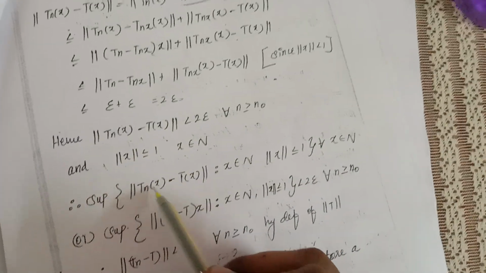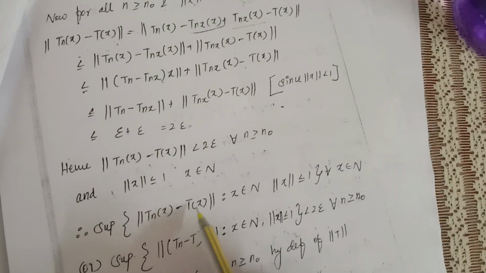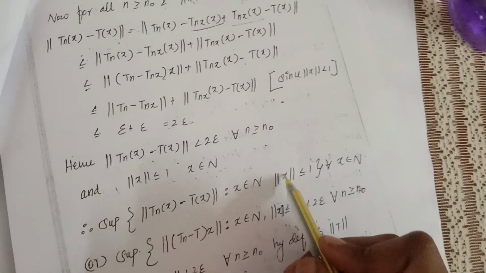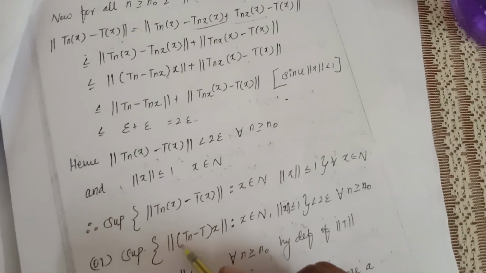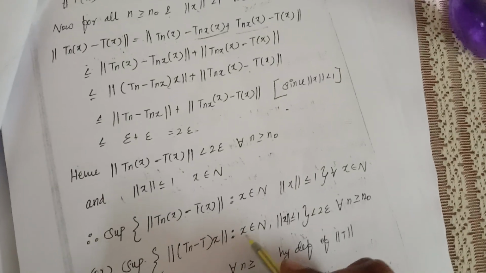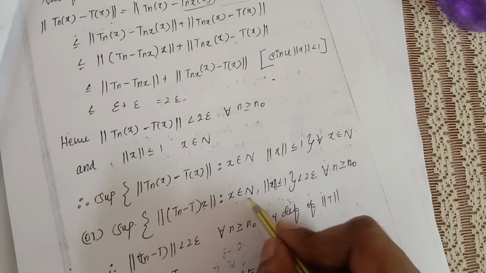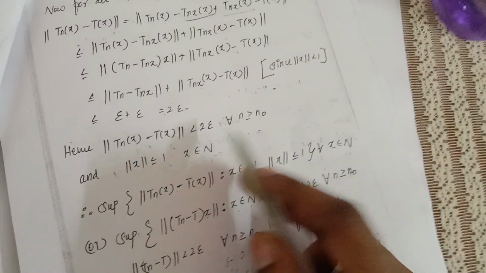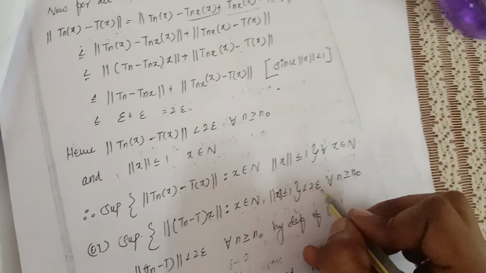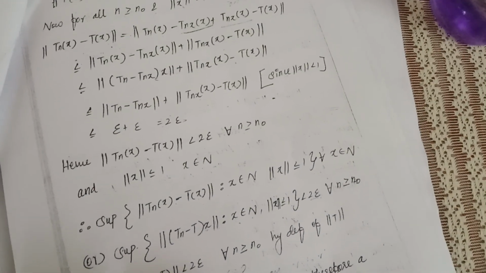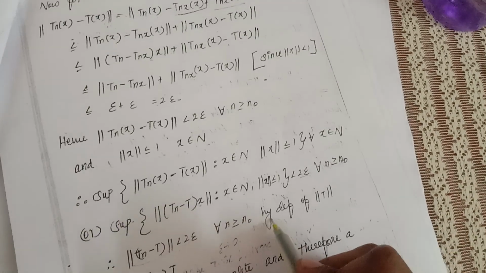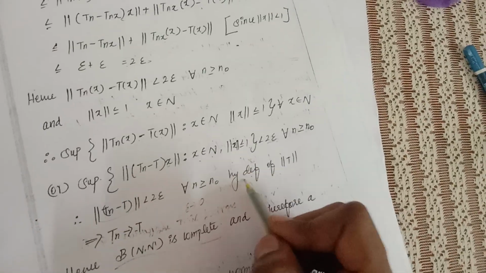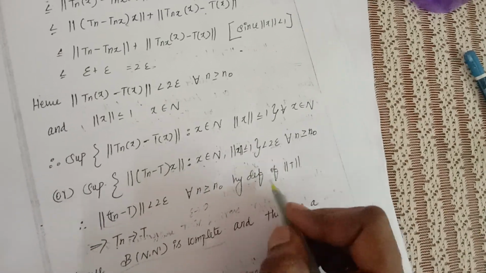So the supremum of norm of Tn(x) minus T(x), x belonging to N with norm x less than or equal to 1, is less than 2 epsilon for n greater than or equal to n0. Then by the definition of norm, norm of Tn minus T is less than 2 epsilon for n greater than or equal to n0.